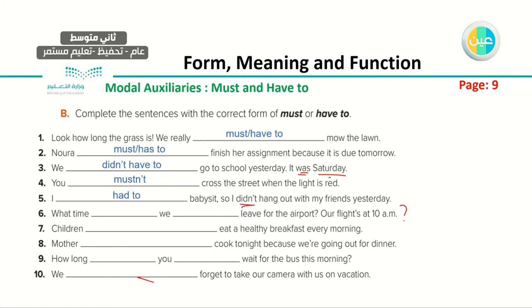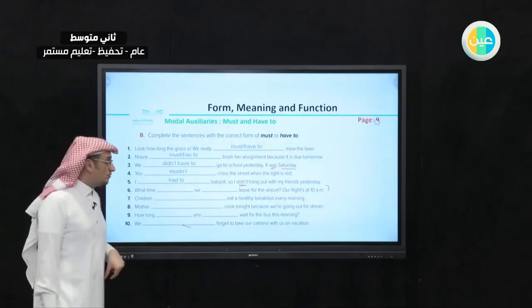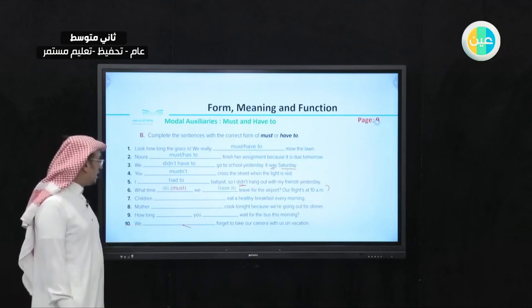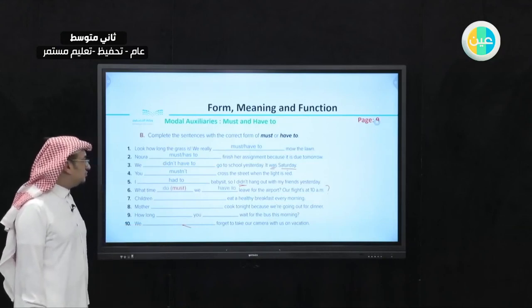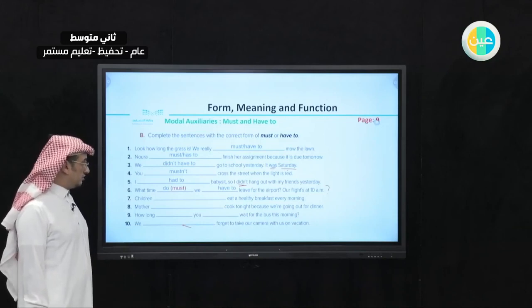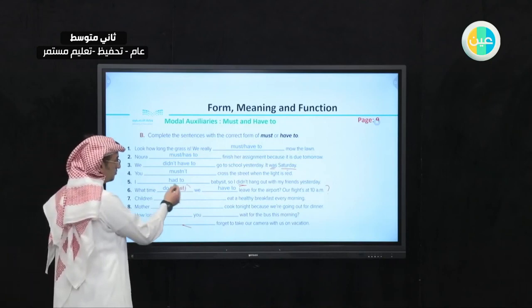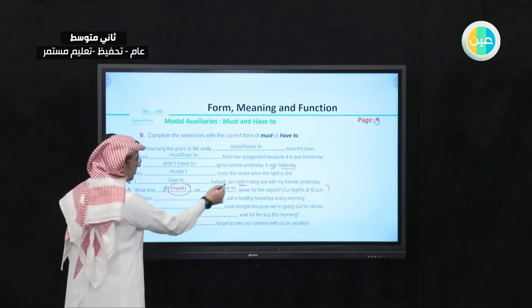Our flight's at 10 in the morning. Can I use must here? Yes, I can. What time must we leave for the airport? Let's see the answers. Yeah, do we have to leave for the airport? Our flight's at 10 in the morning. And we can use must instead of do and have to.